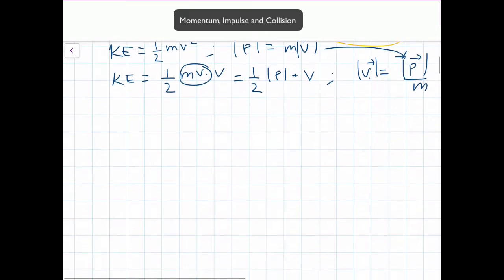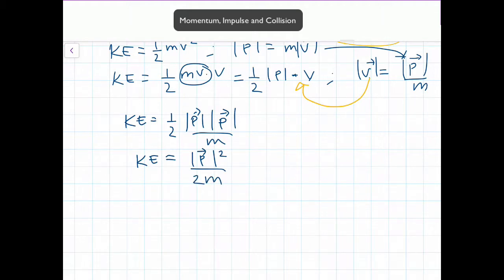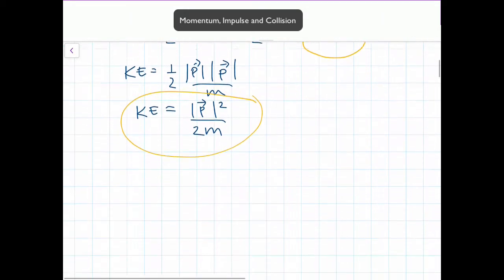So if I substitute this v over here, I get KE equals half times magnitude of p multiplied by the magnitude of p again divided by m. So kinetic energy is equivalent to the magnitude of the momentum of the object squared divided by twice the mass. This is a relationship between kinetic energy and momentum.